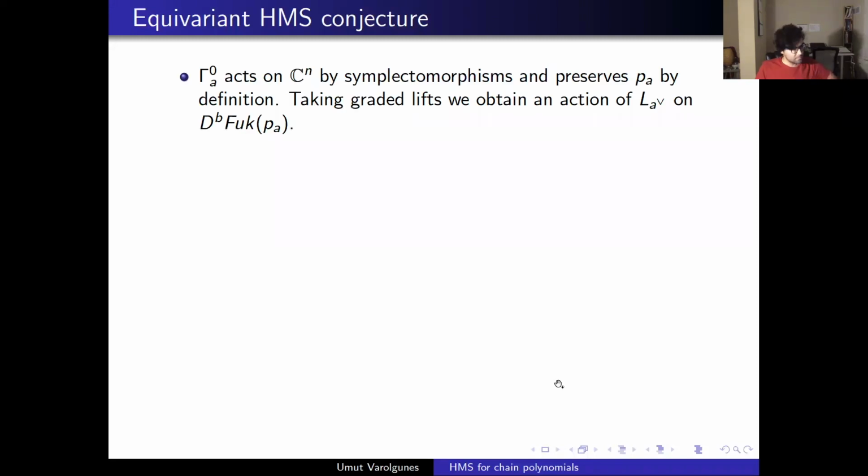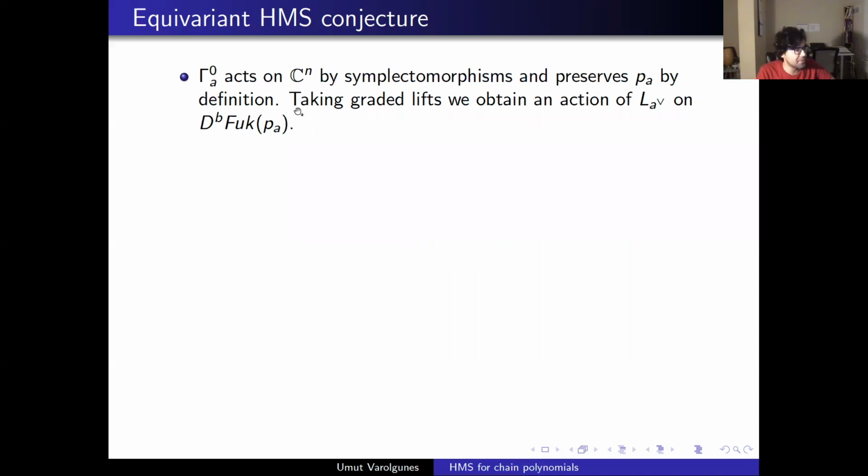So now, something that's a lot easier to understand is that this group of symmetries acts on Cn by symplectomorphisms. These are just diagonal matrices where each entry is unitary, an element of U1. And it also preserves W, so whatever definition of Fukaya category you use, it should give you a symmetry.